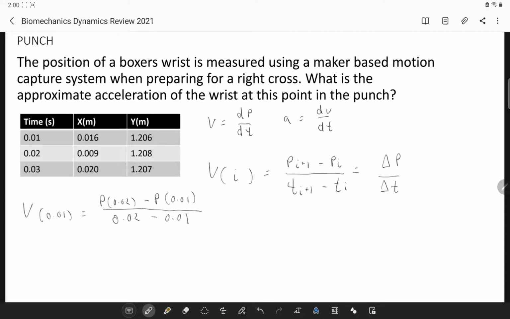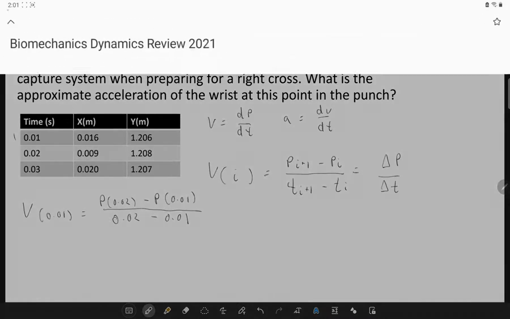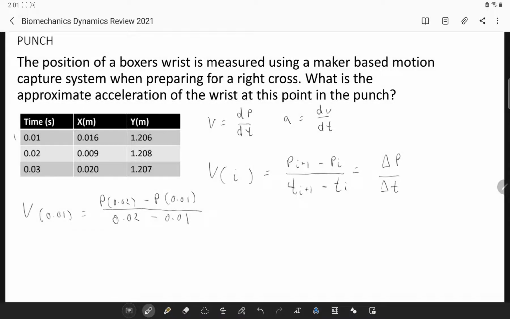If we had a separate index besides just the time values, we could call this 1, 2, 3, and say time at 1, position at 1, etc. Although I don't think that makes it any clearer, so let's just leave it like that.